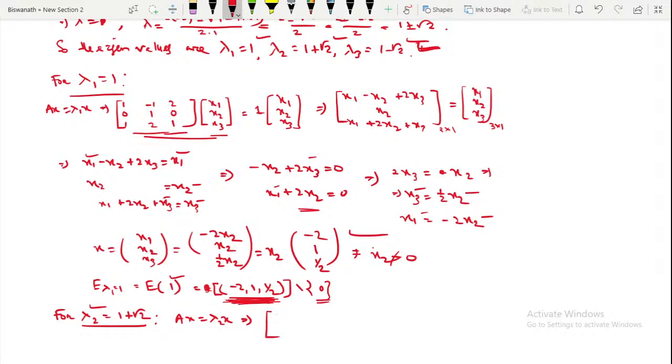Your A is 1, minus 1, 2; 0, 1, 0; 1, 2, 1, and your x is x1, x2, x3, and your lambda 2 is 1 plus root 2.